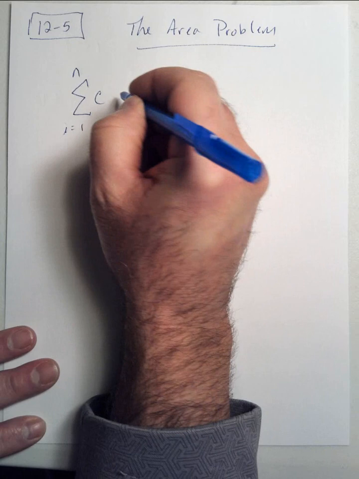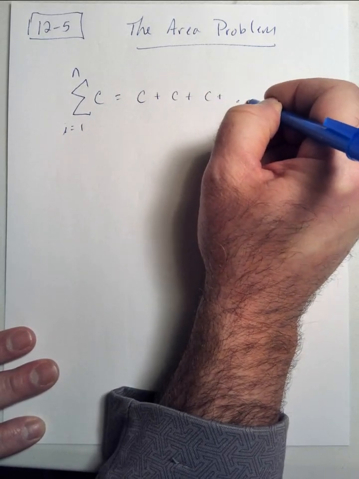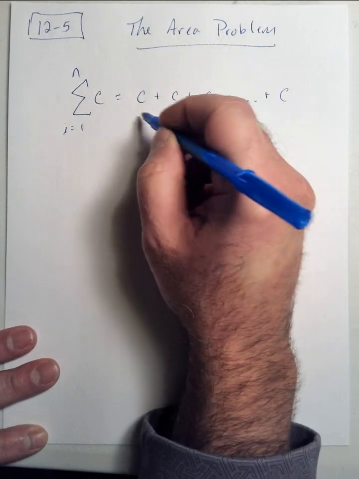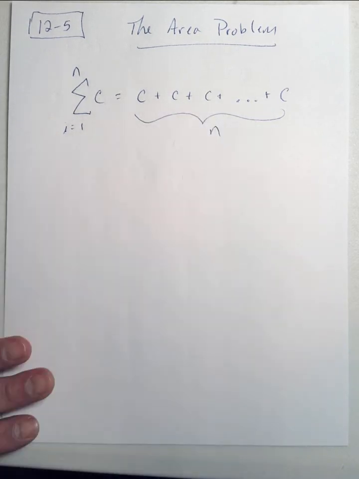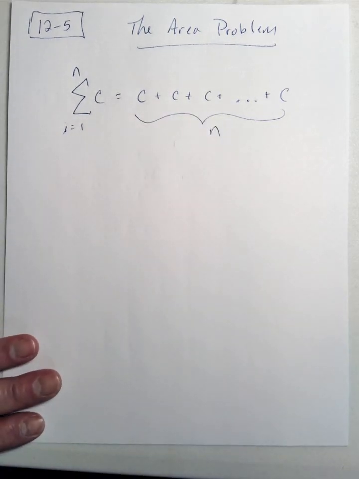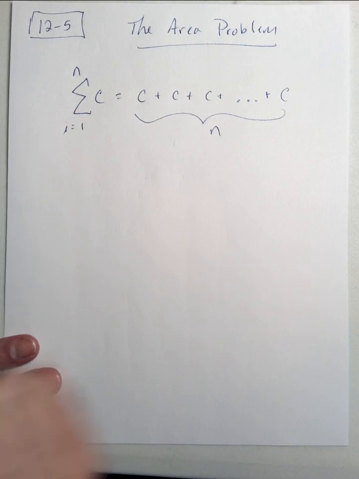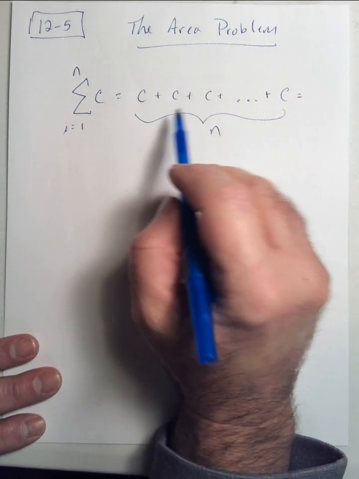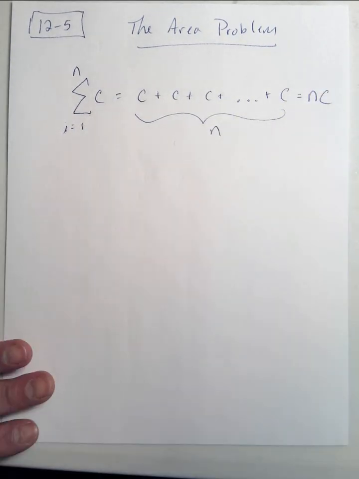But since it's a constant each time, it just means we're adding C n times. So we have n number of C's that we're trying to find the sum of. When you add C n times, we know it's the same thing as multiplying n times C.